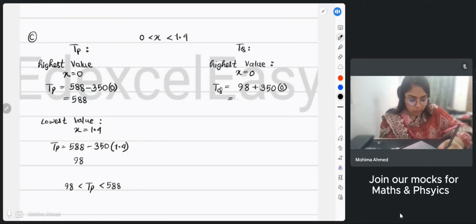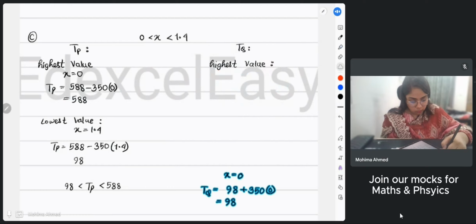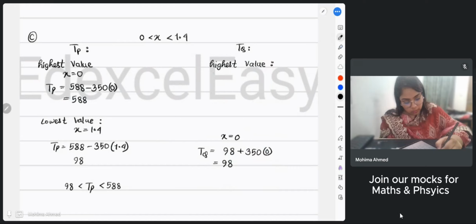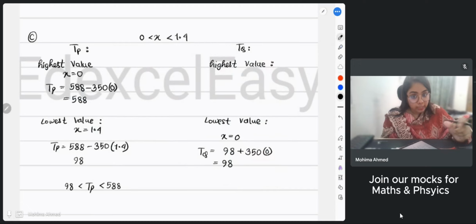So this is supposed to be the lowest value for this. Okay, wait one minute. So I'm just going to keep this over here. This is for the lowest value, because for TQ, we are adding the values. That's why for x equals 0, you get the lowest value.